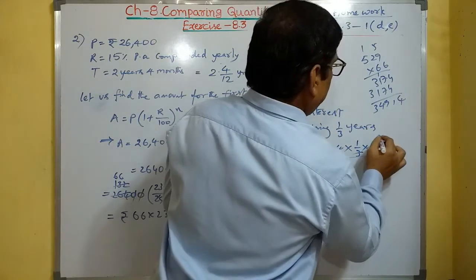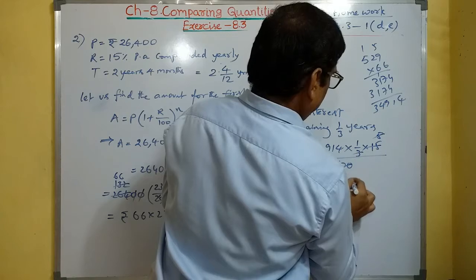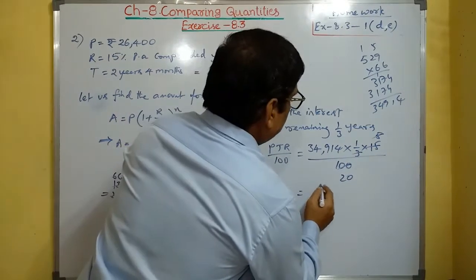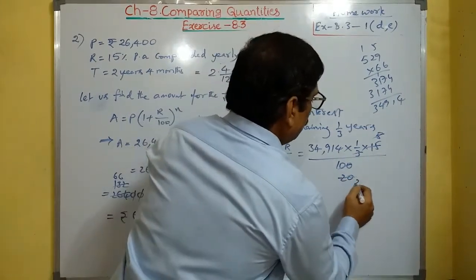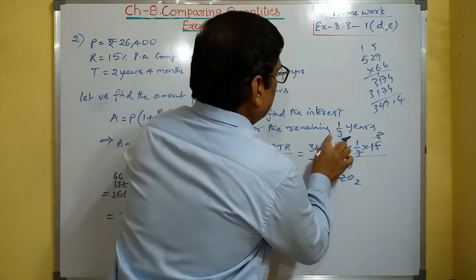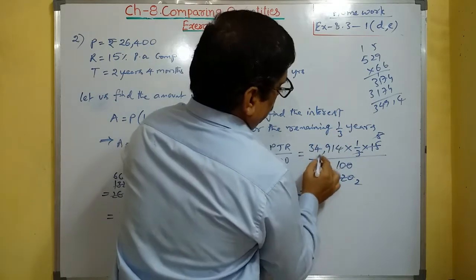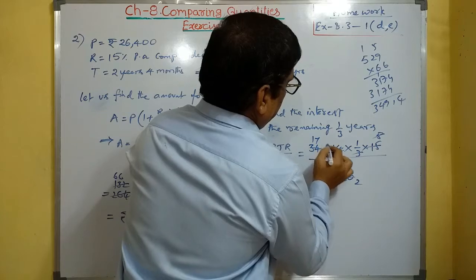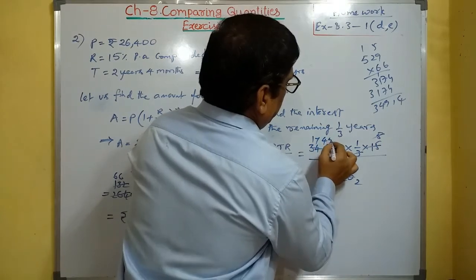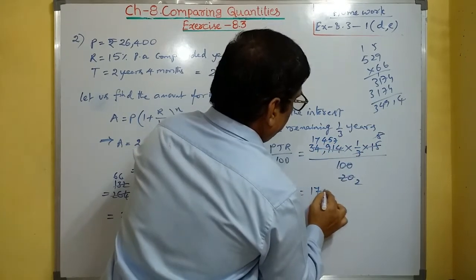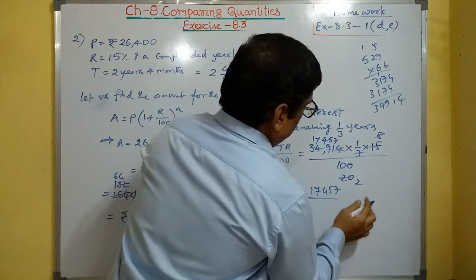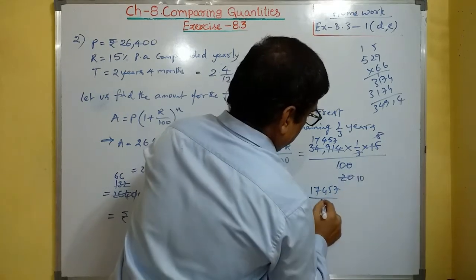So 3 5s are 15 and 5 20s, and with one more cancellation we get 17,457 by 10.